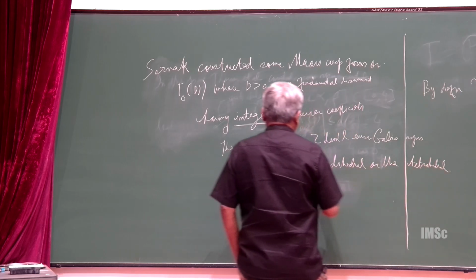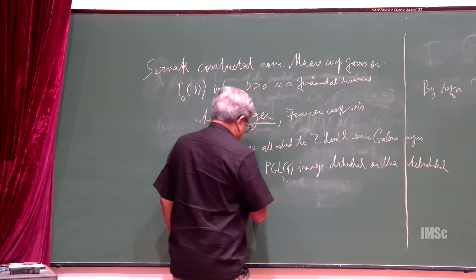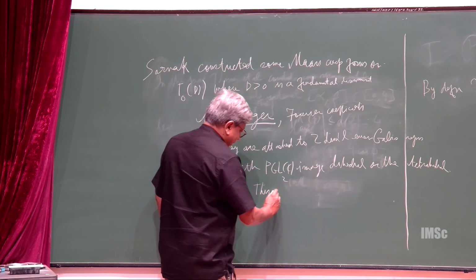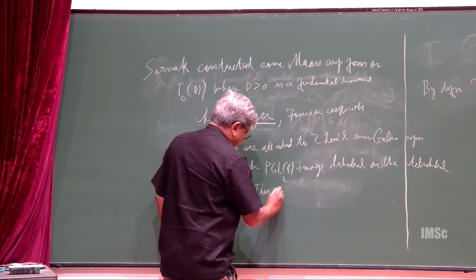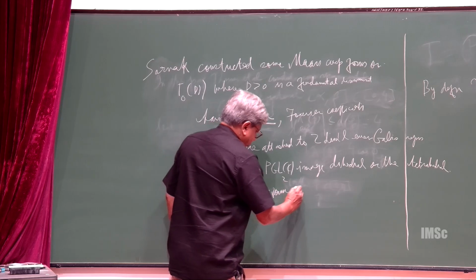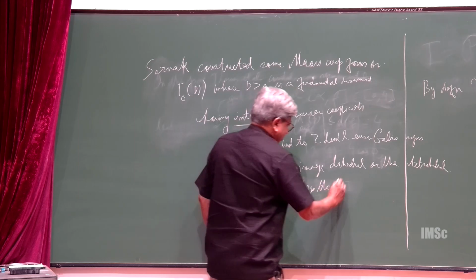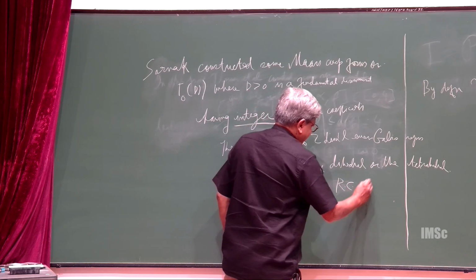And by the very construction, this Maass form obeys the Ramanujan conjecture and Selberg at all places. This form obeys the Ramanujan conjecture at all places.